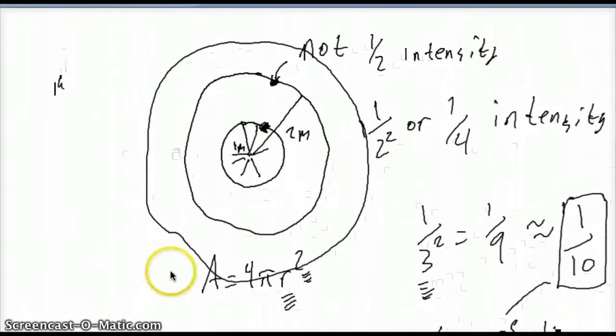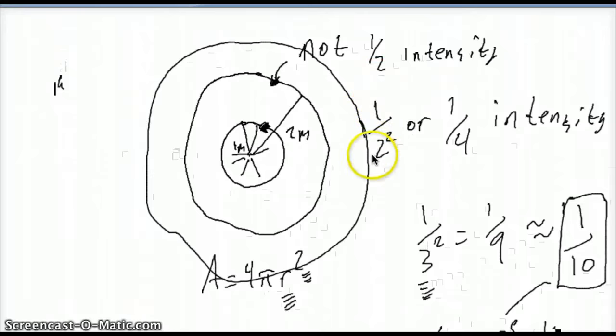And here's another example. This is where the explosion happened, and when the explosion happened, it spread around 1 meter, and this is where the larger part happened, and this part is the smaller part. Then there will be a larger circle spread, which would be 2 meters, and that is not one half of the intensity.